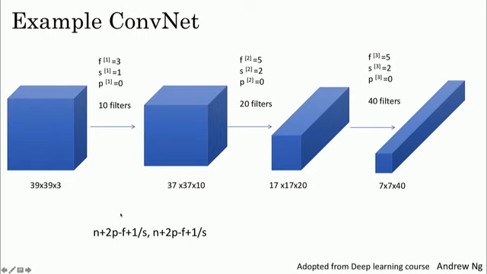And then if you do this calculation that I mentioned here, n plus 2p minus f plus 1, this is the resulting output. If you apply another filter and convolve it here, this will be the size of the output, and so forth.